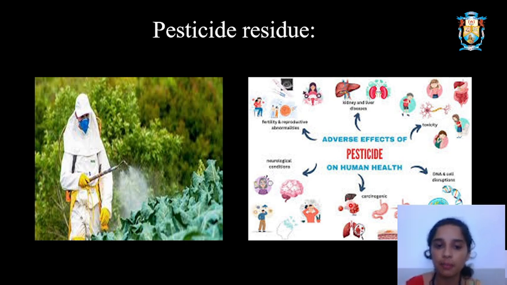But in this case, pesticides are given to the plants to avoid the growth of fungus, bacteria, virus, and rodents. The spraying is done. You can see in the picture fertilizers. Fertilizer you can also consider, but if it is a chemical fertilizer, it becomes dangerous.